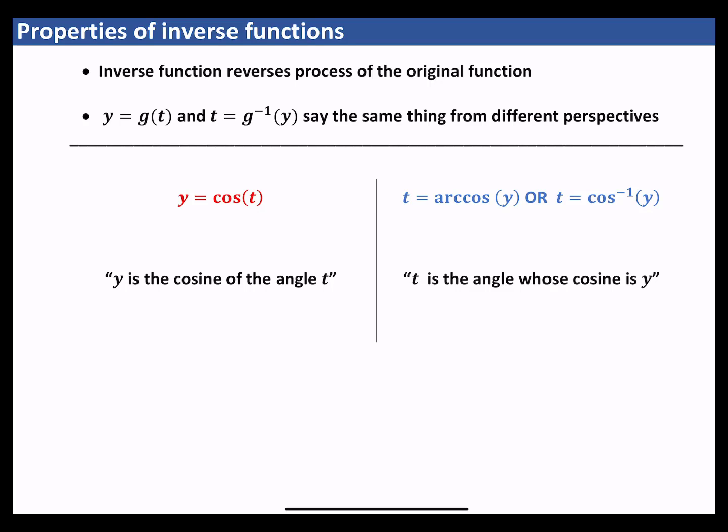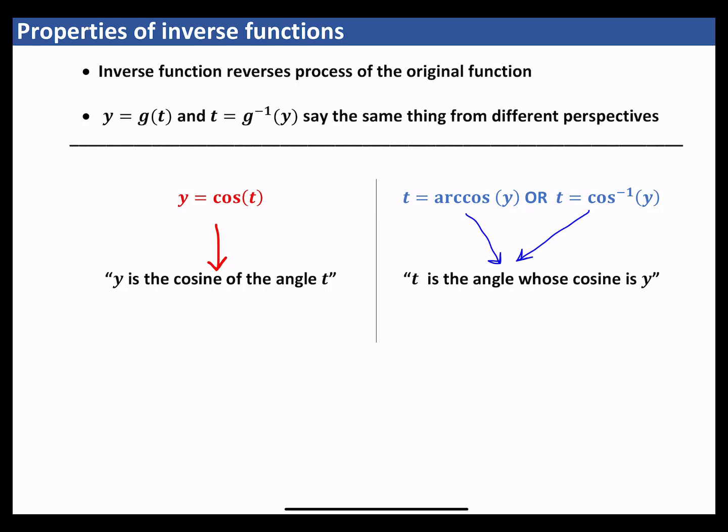We know that y equals the cosine of t means that y is the cosine of the angle t. Changing perspective and writing the equivalent statements, t equals the arccosine of y, or t equals the inverse cosine of y, means that t is the angle whose cosine is y.